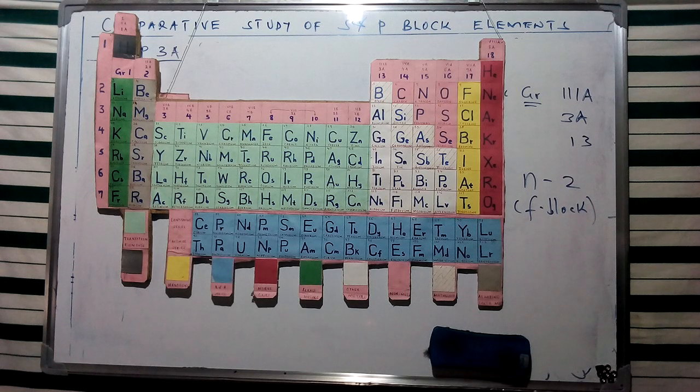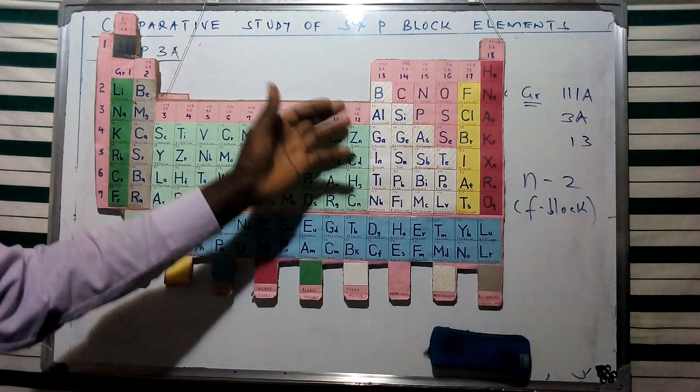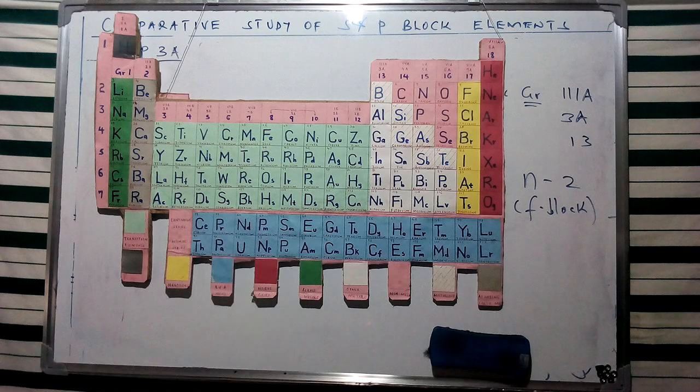Now, in my next display, I'm going to give some of the characteristics in tabular form, which will assist us in checking the trend of some of the physical properties of these group 3 elements, ranging from boron to thallium in that specific order.